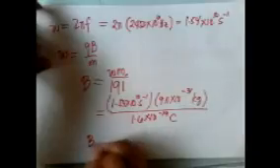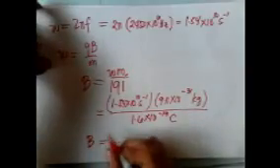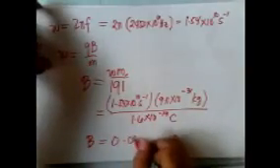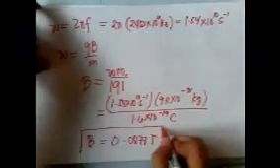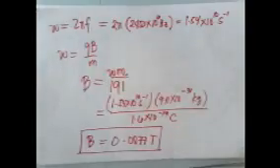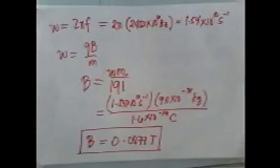And our B here is equal to 0.0877 Tesla. So this is the magnitude of our magnetic field.